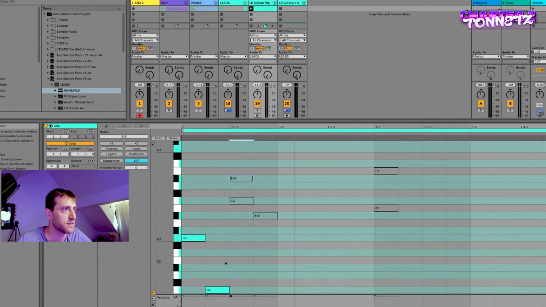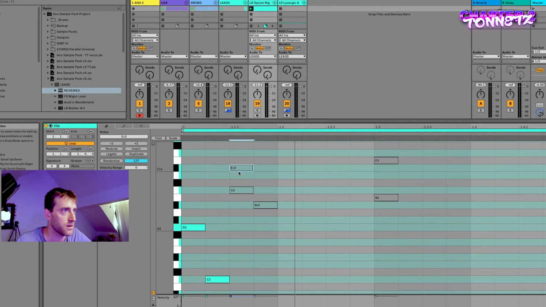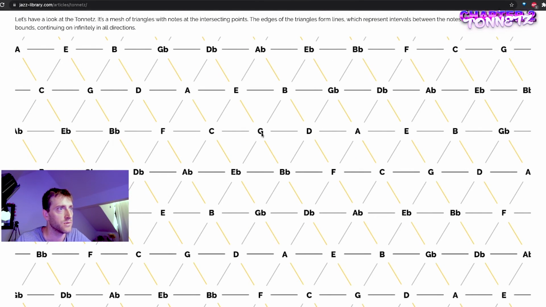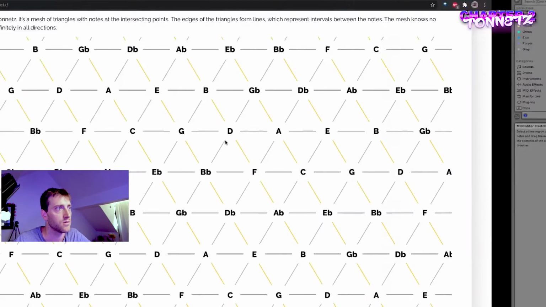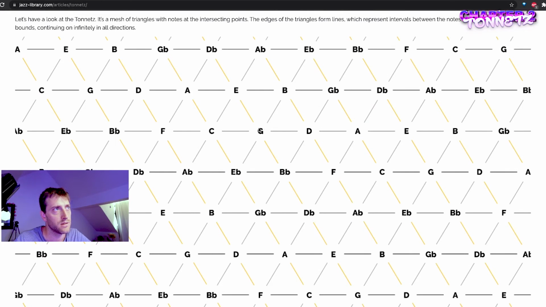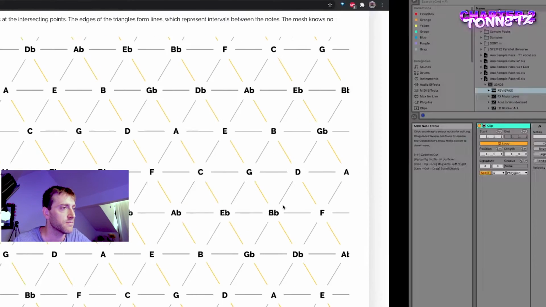So let's try this. We go down from C to EB, and then we could resolve to G again. So remember, upward movement is a positive thing.